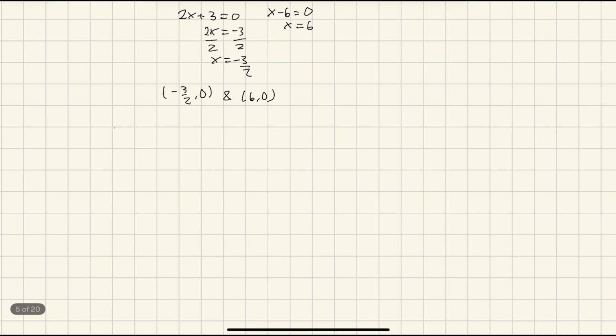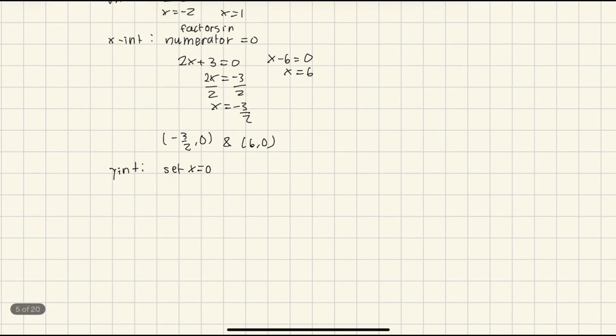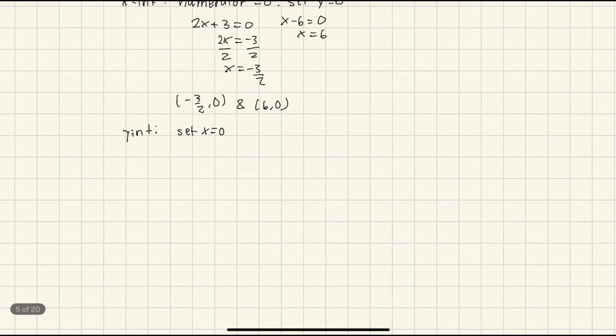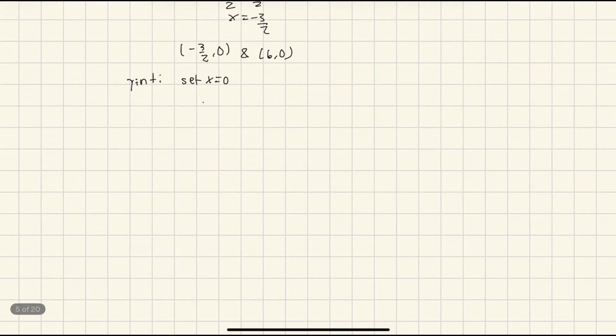Now let's find the y-intercept. In order to find the y-intercept, set x equal to 0. So you take your whole thing, y equals 2 times 0 plus 3, times 0 minus 6, divided by 0 plus 2, times 0 minus 1.